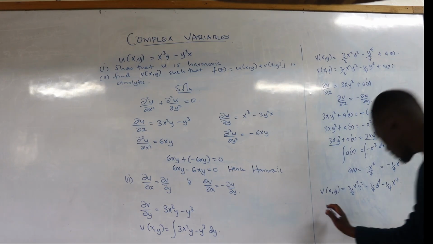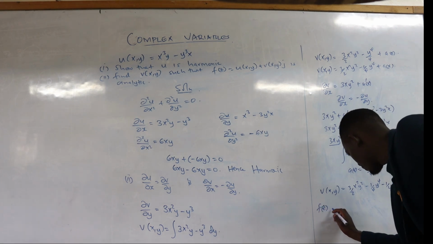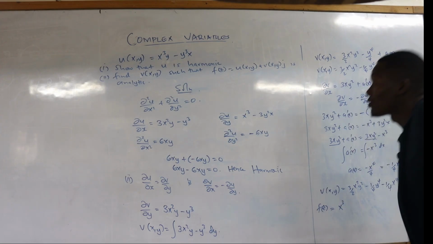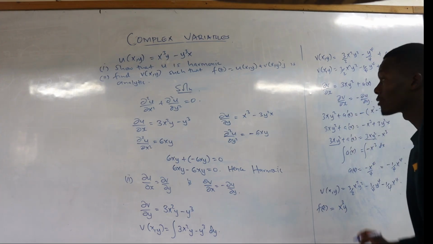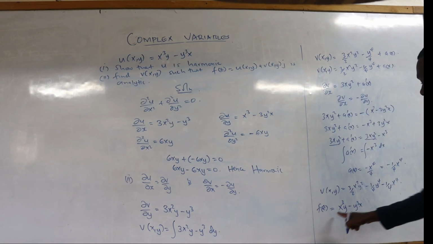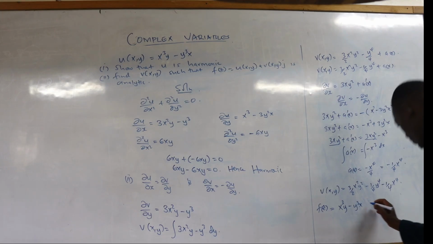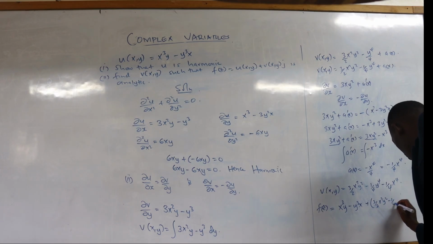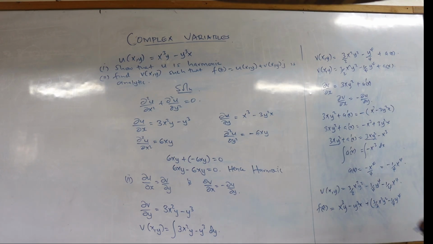Therefore your whole function f of z will be given by, you have your u: x cubed y minus y cubed x. Then that is the real part, okay? Then we have plus, we can bracket this, 3 over 2 x squared y squared minus 1 over 4 y to the power 4, then minus 1 over 4 x to the power 4, into bracket j.